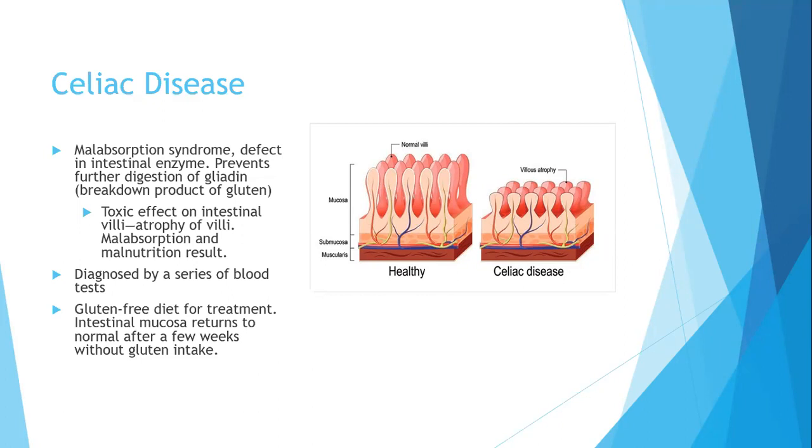And it's diagnosed by a series of blood tests. Usually the treatment is a gluten-free diet. So if something is causing an autoimmune disorder, don't eat that thing. It's easier to eat gluten-free now because there's more gluten-free stuff available in the marketplace. And intestinal mucosa usually returns to normal after a few weeks without gluten intake because that mucosa has the ability to regenerate itself, right?